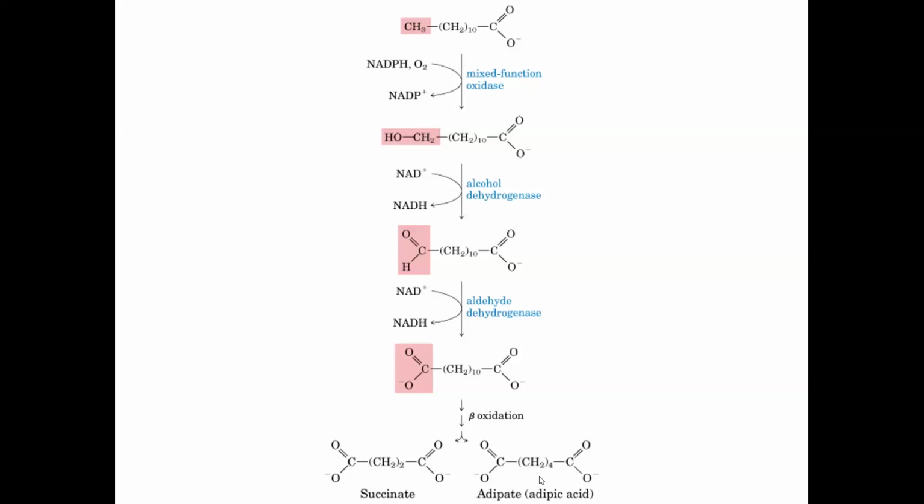And when it is converted, then this 6 carbon, carbons 1 and 4, 5 and 6, succinic acid can be converted from there, or it cannot be further oxidized.